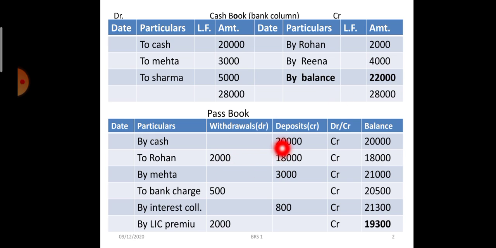That means this transaction is recorded in cash book. Check issued to Reena is recorded in cash book, but it is not recorded in passbook. So check issued not presented is one of the reasons due to which there is a difference in the cash book balance and passbook balance.